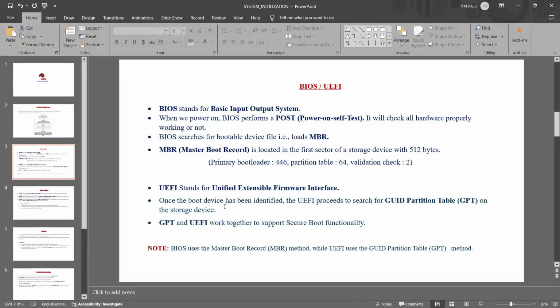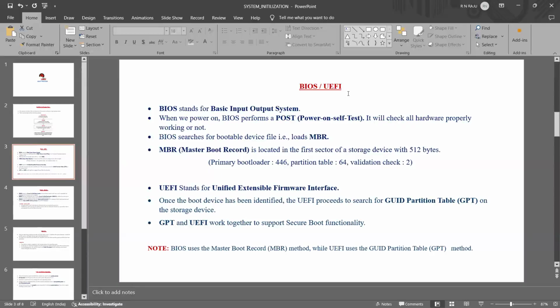But when your OS boots up with UEFI mode, that means the GUID partition model, it supports more than 250 partitions. So here BIOS uses the master boot record method, but UEFI uses the GUID partition table method. So that is the difference between BIOS and UEFI.